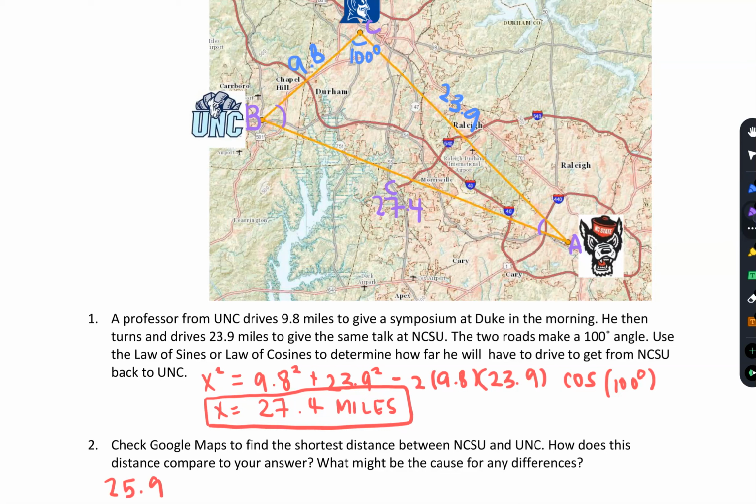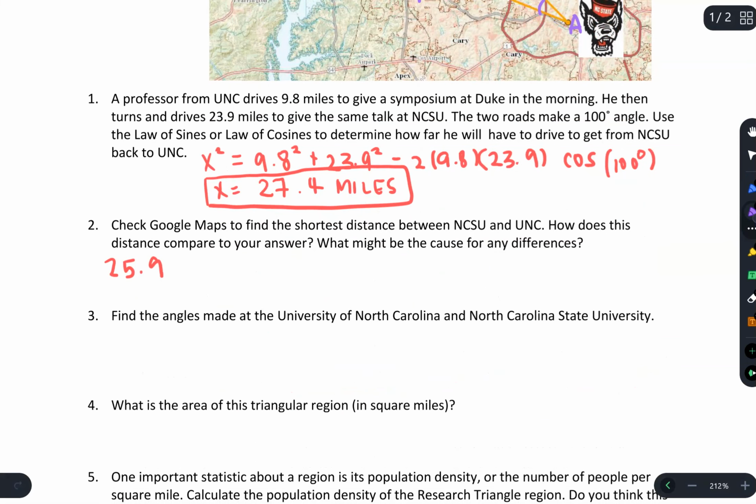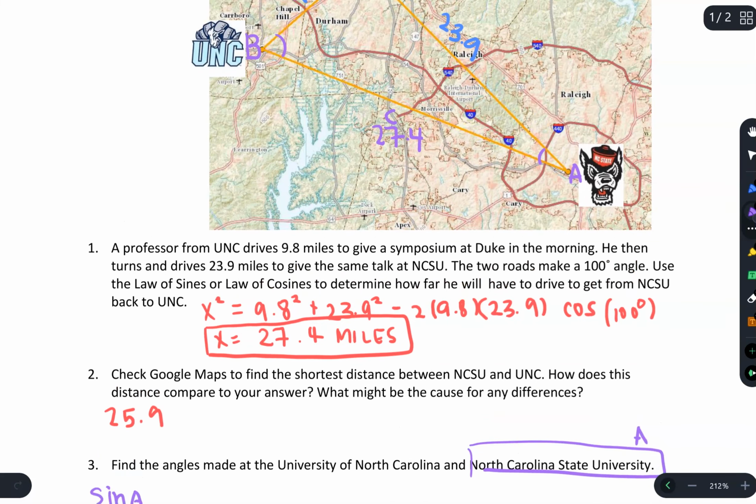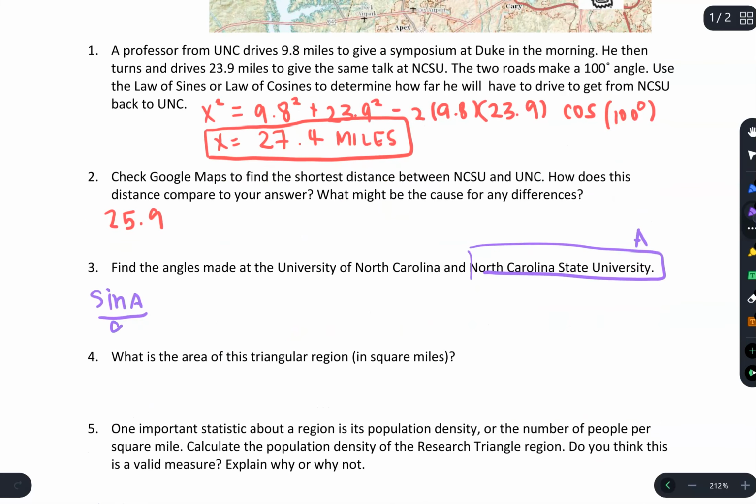One that's across from the smallest side. So that would be angle A. Perfect. So let's find angle A, which is the angle formed at North Carolina State University. So I'll do sine of angle A over 9.8, equals sine of 100 over 27.4.